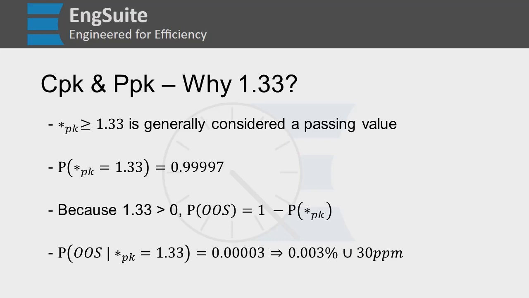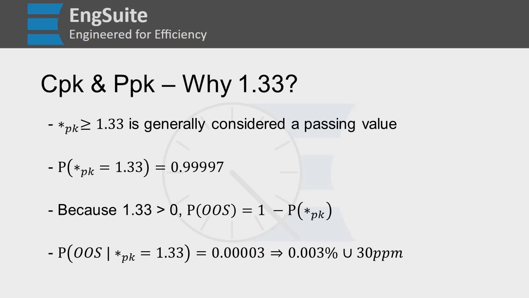We get a probability of 0.00003, or 0.003%, or 30 parts per million. So a capability higher than 1.33 means that you have less than a 0.003% chance of an out of spec condition, statistically speaking.